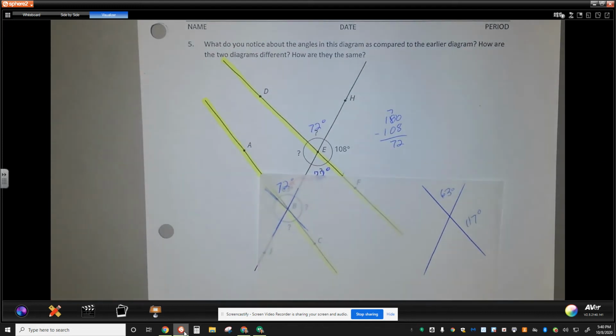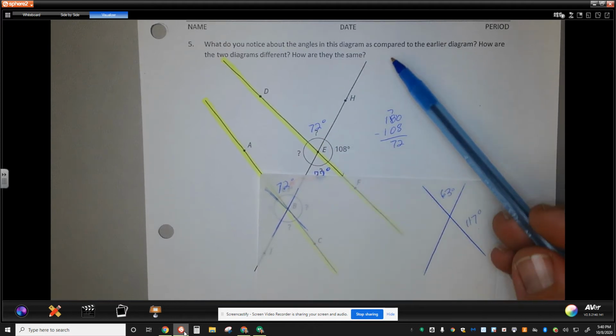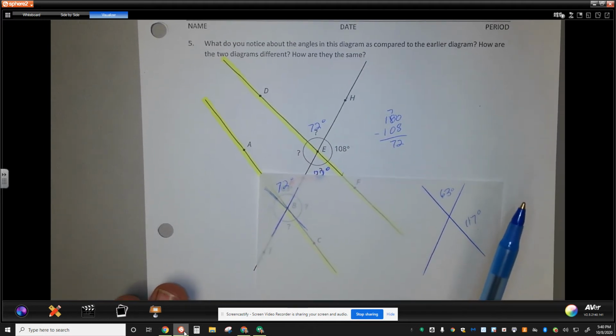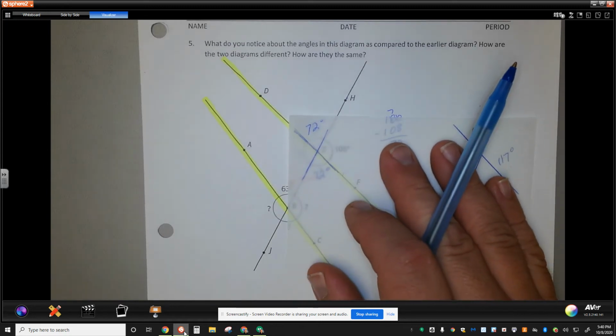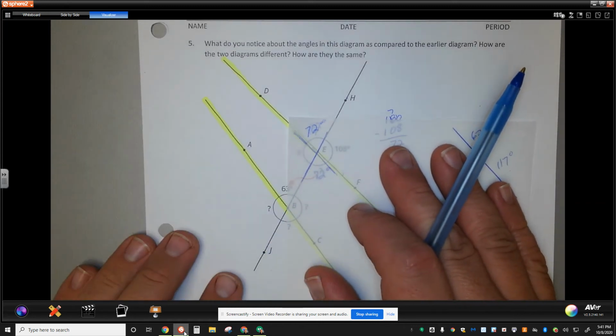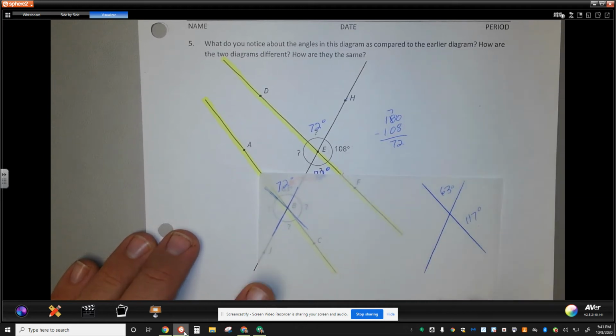Because the lines are not parallel, we've lost that congruent relationship that was created by parallel lines when the transversal came through the other two lines. So sometimes these angle measures have congruence with the related angles. Other times there is no congruence when the parallel relationship no longer exists.